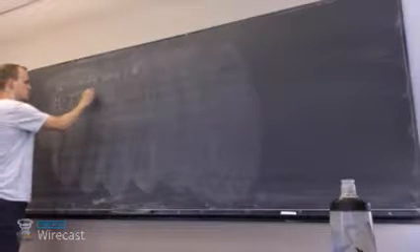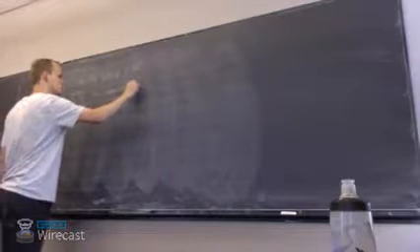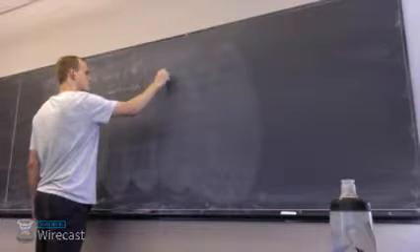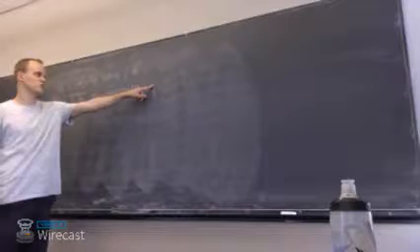And locally, this will have coordinates, which we can call Q and P, or some coordinates like that. So these are the coordinates on Q. These are the coordinates on the fiber.